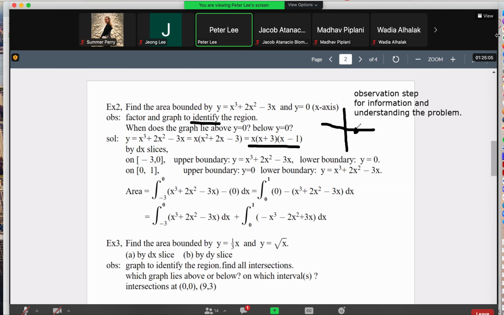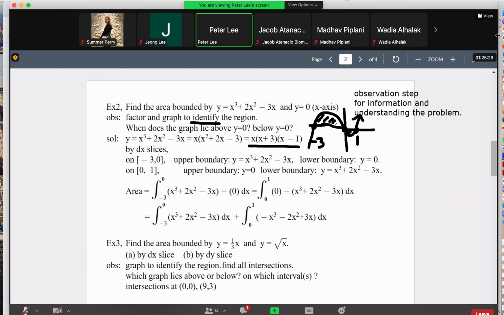We have the points 1 here, 0 here, and -3 here. So the graph is going to go like that, and like that, and like that. The leading coefficient is 1, so ultimately it has to go up. So we know that the area is over here, and over here, between -3, 0 and 1, as we saw on the graph.